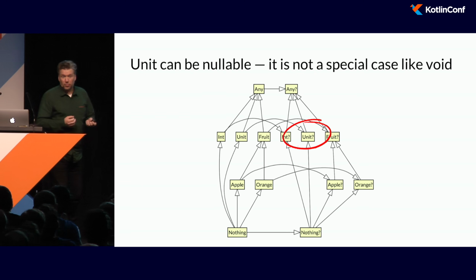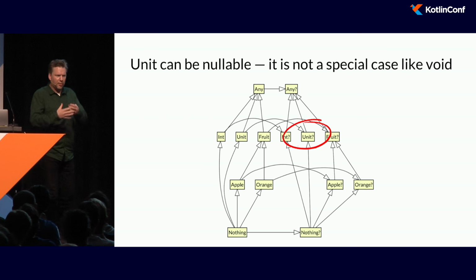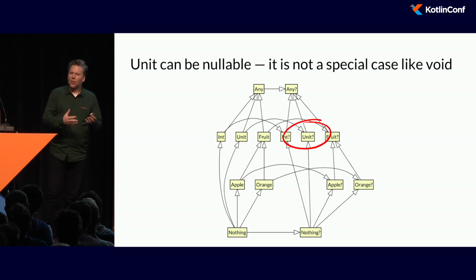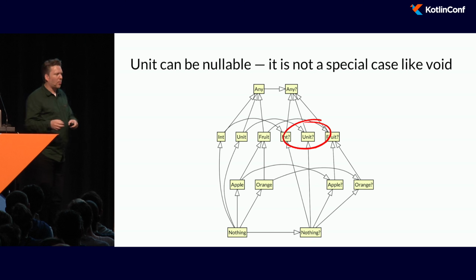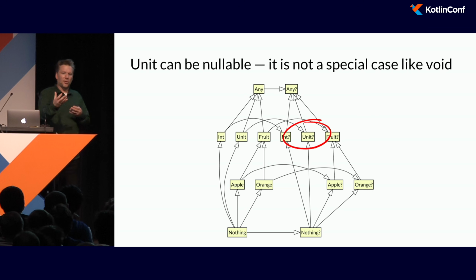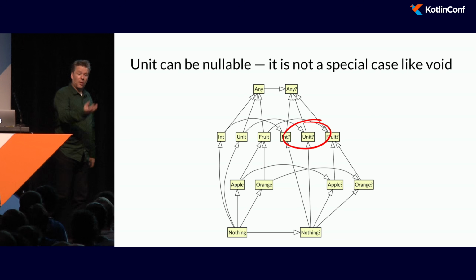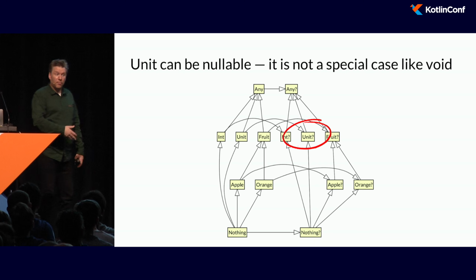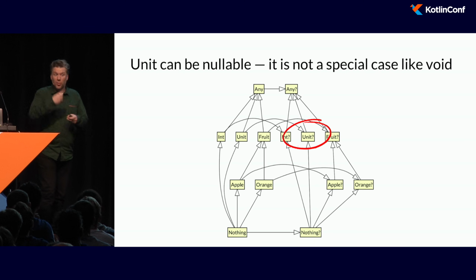Unit can be nullable. This just falls out of the fact that the type hierarchy is consistently applied. Kotlin's type system doesn't have special cases like void, but I've not actually found any use for a nullable Unit. But if you have code that works with generic higher-order functions, and you pass in a procedure that returns Unit, it will work perfectly fine, because Unit is a value that can be passed around.